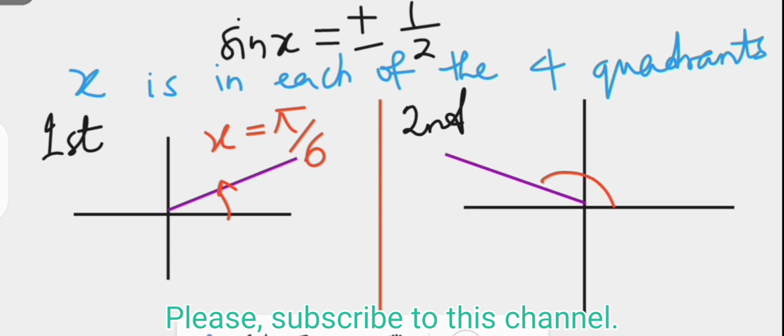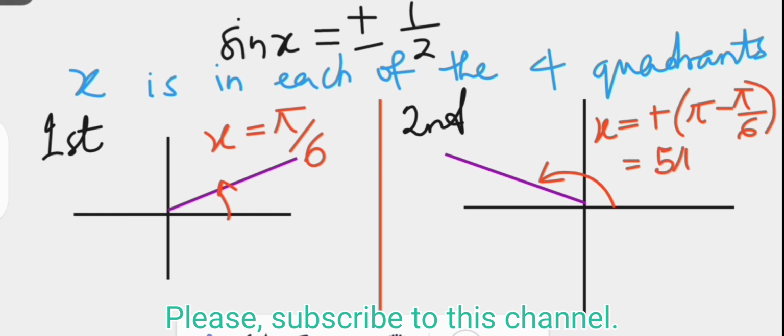In the second quadrant, the sign of angles are also positive. If the sine of x is positive 1 over 2 in the second quadrant, then x is going to be pi minus pi over 6, which is the value in the second quadrant, and that is 5 pi over 6.